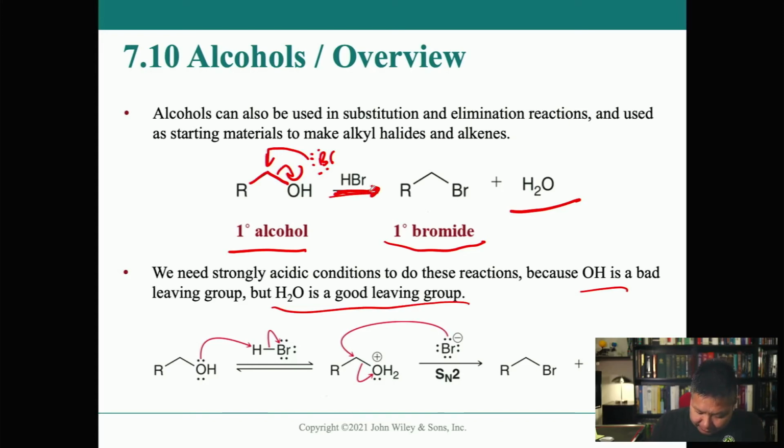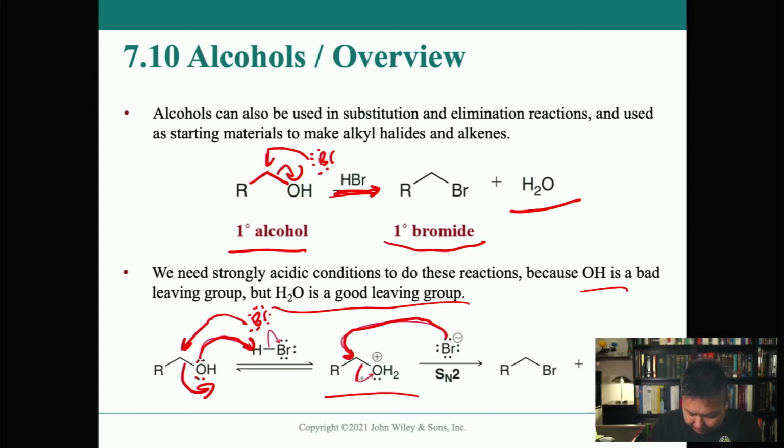Because the alcohol can take the proton first from the hydrogen bromide, leaving behind the bromide ion to do the nucleophilic attack, and then the entire thing leaves as water, as you see.